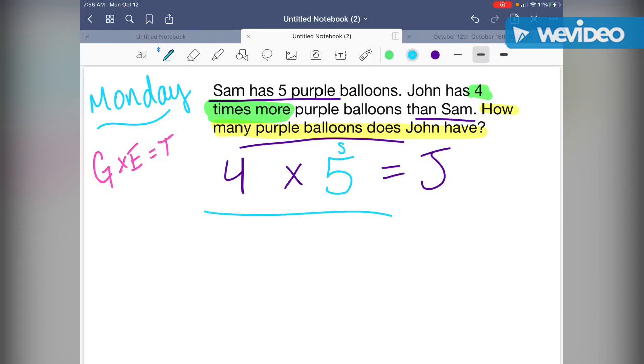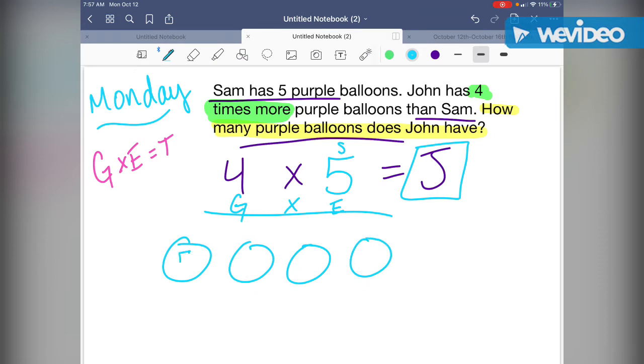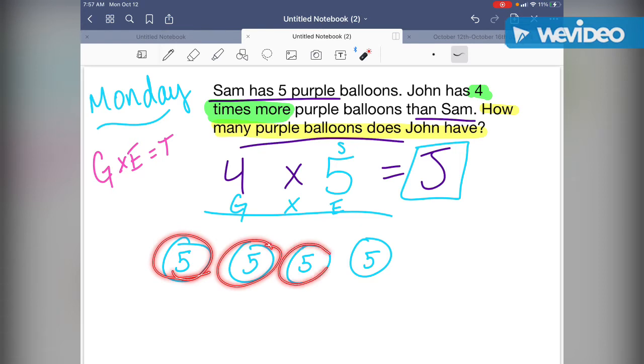So now can we figure out how many John has? Yes, we can. We can take the number of groups times number in each. So 4 groups times 5, 5, 5, 5. We can count by 5s to figure this out. 5, 10, 15, 20.